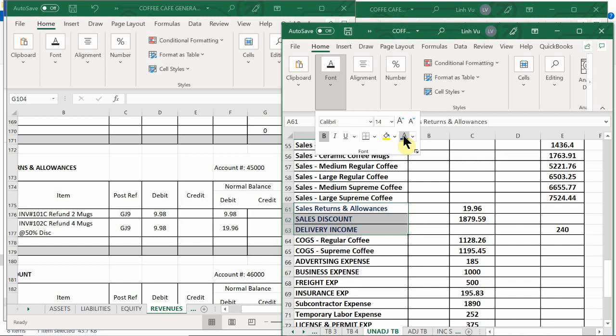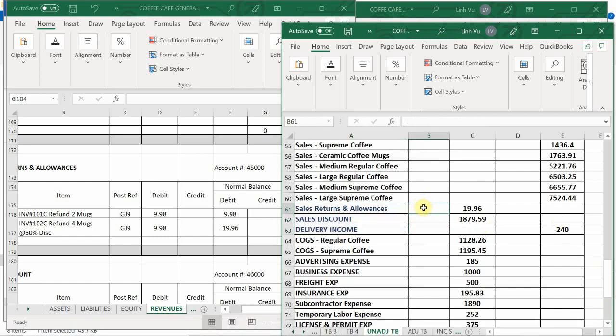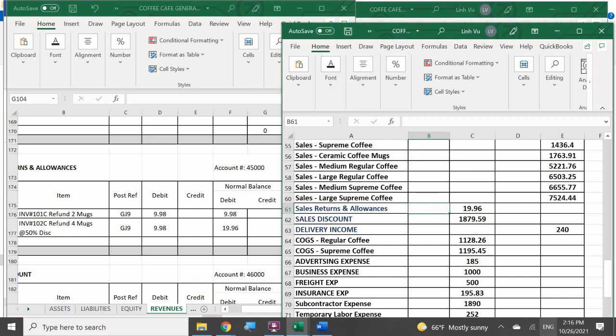In this case, it will function as a contra account. It's supposed to be in capital letters. I don't know why I didn't put it as a capital letter, but it's okay. So what is my total returns and allowances? It's 1996.